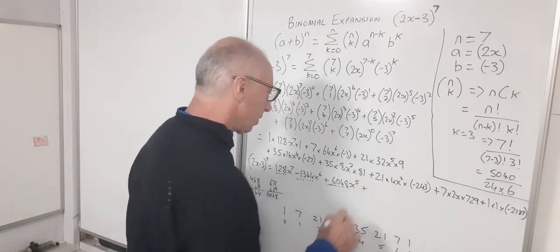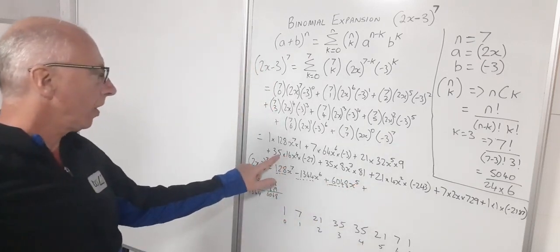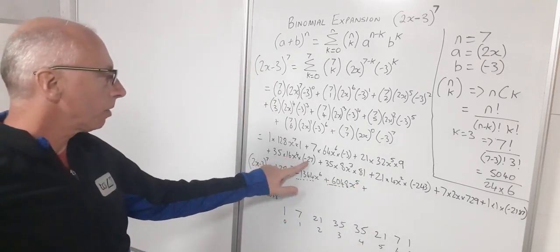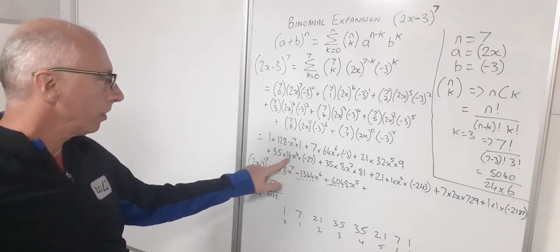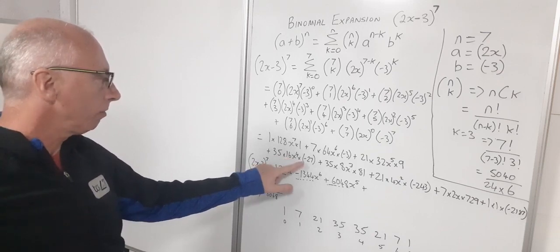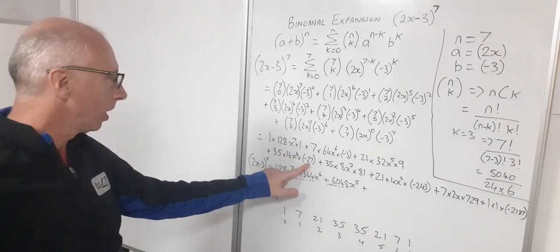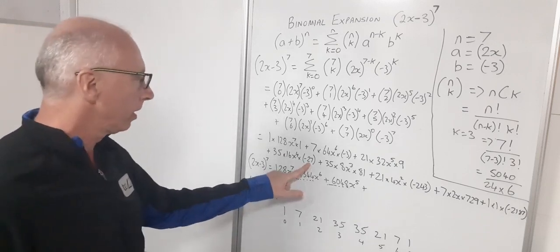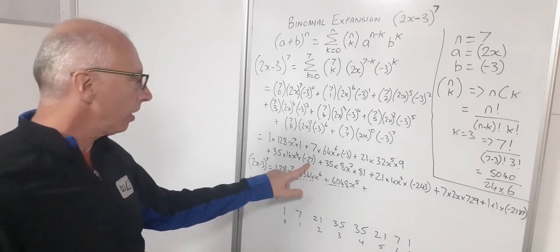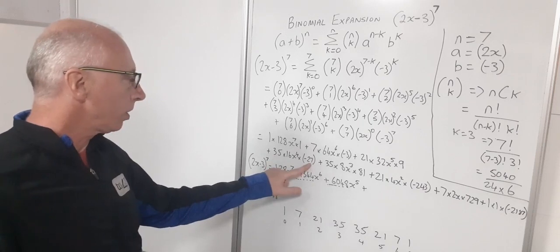Next one for x to the 4. I've got 35 times 16 times minus 27. Well, let's do 35 times 27. That looks the easier one to do. 27 times 30 is 810. Add 135 because that's half of 270.